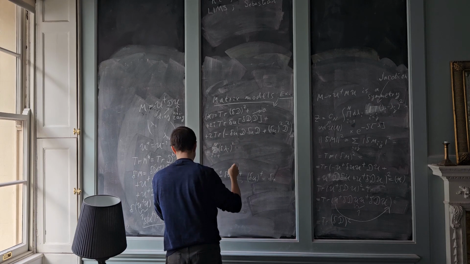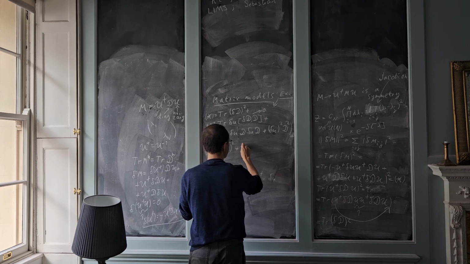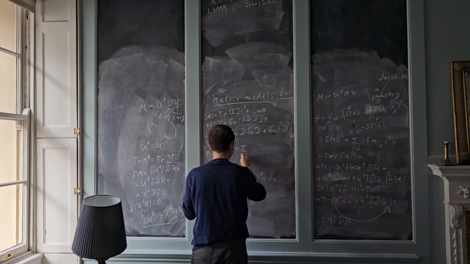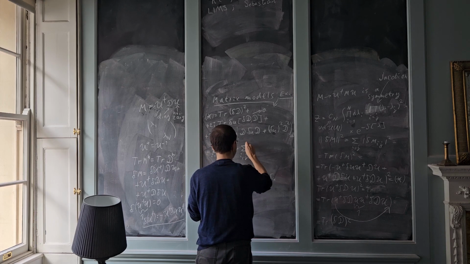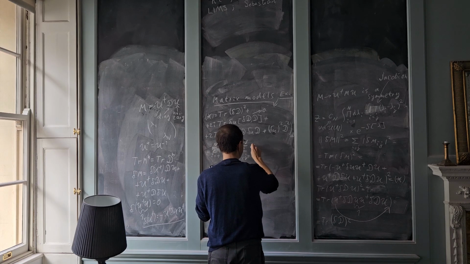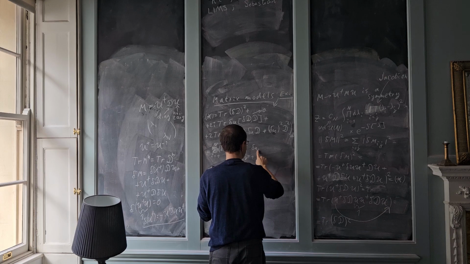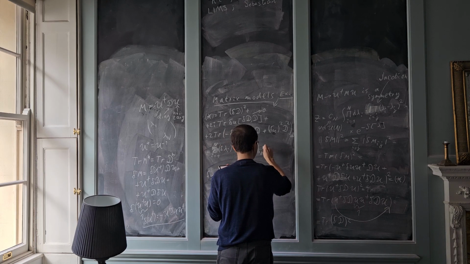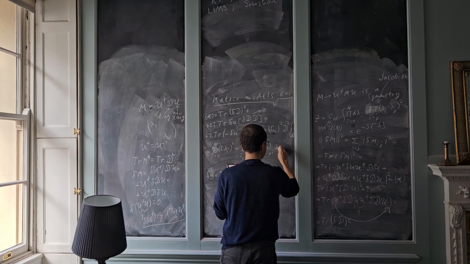And this one, written in terms of eigenvalues, will be the following: sum over i, j from 1 to n of delta u ij, delta u ji, times lambda i minus lambda j squared.